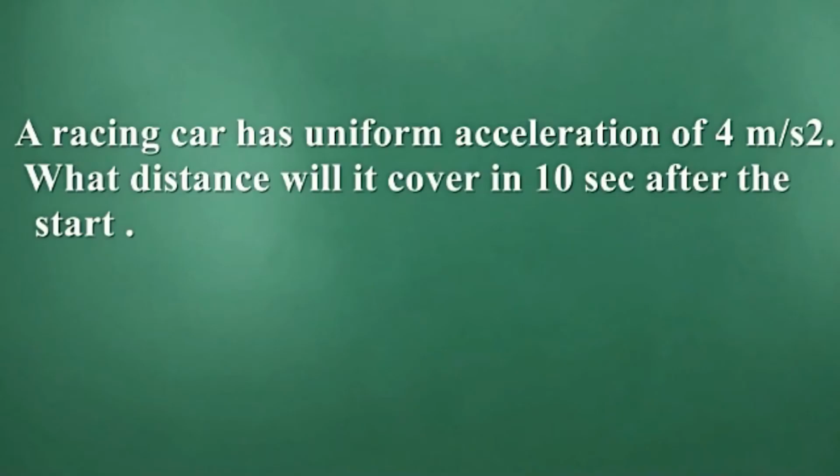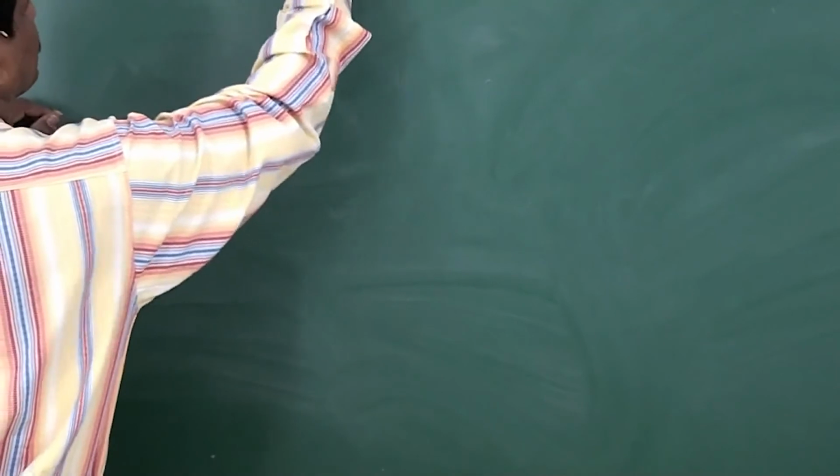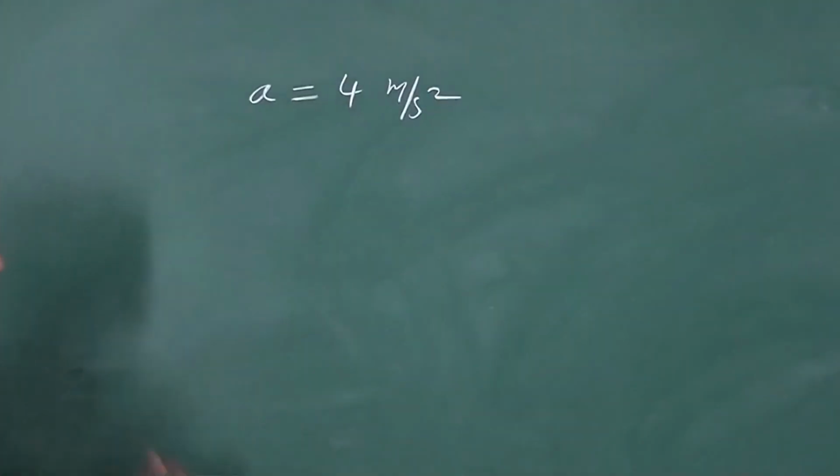Okay. Next problem. A racing car has uniform acceleration of 4 meter per second square. What distance will it cover in 10 seconds after the start? Here acceleration is given as 4 meter per second square.